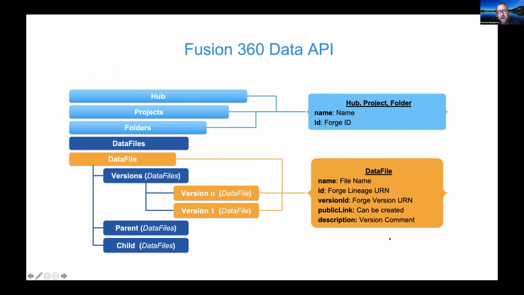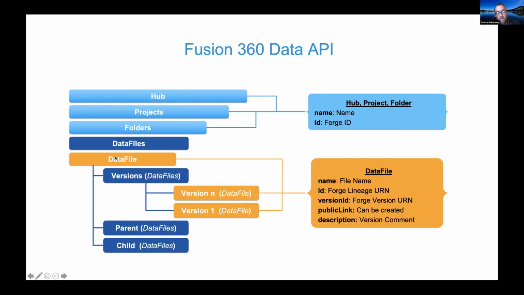So we did a really comprehensive audit of all of the IDs to match with Forge. This is really all about using this with Forge. So if you need to get a Forge lineage URN, if you're using the Forge APIs, that would be the ID of a data file.